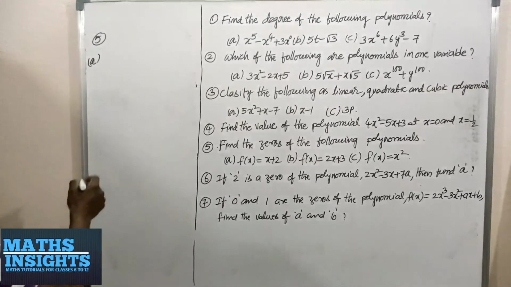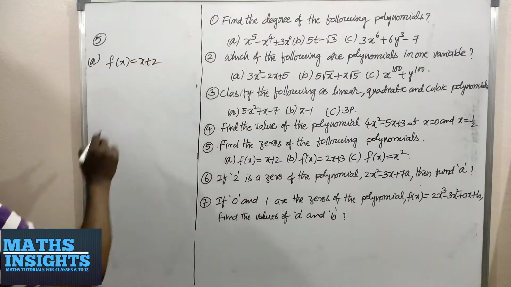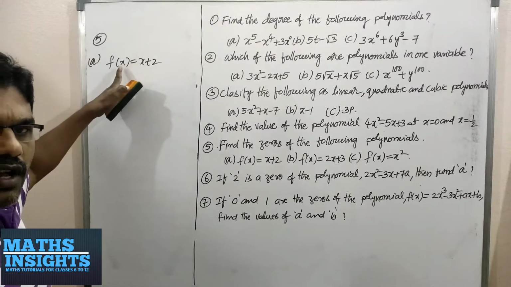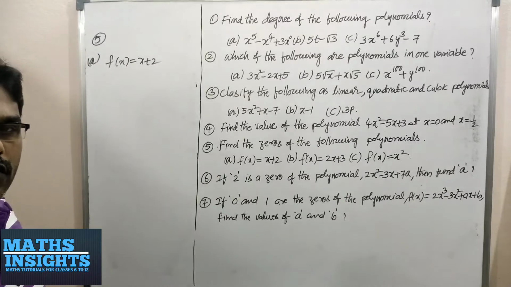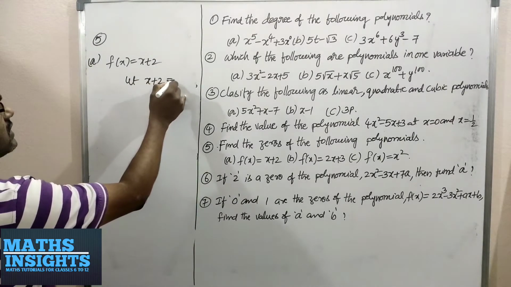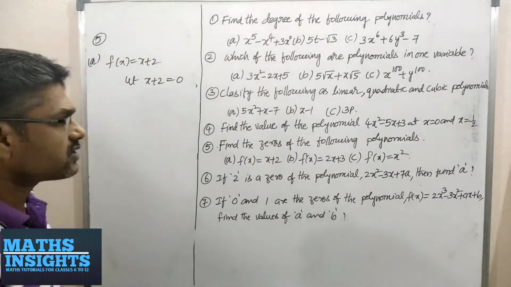So first question is f of x is equal to x plus 2. So we have to find the value of x for which the value of this polynomial will become 0. We will equate this polynomial to 0. Then we will find the value of x.